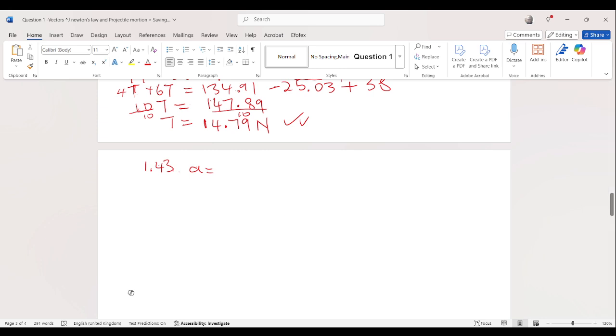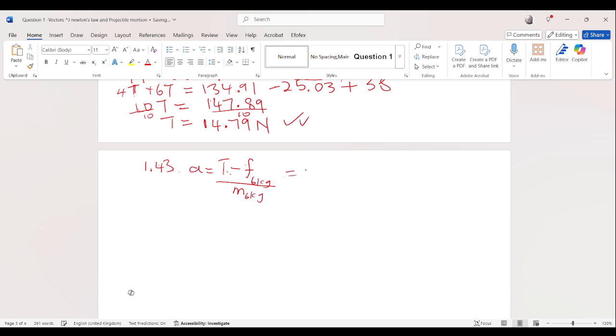T minus friction of 6 kg. We have already done these equations, divided by m of 6 kg.